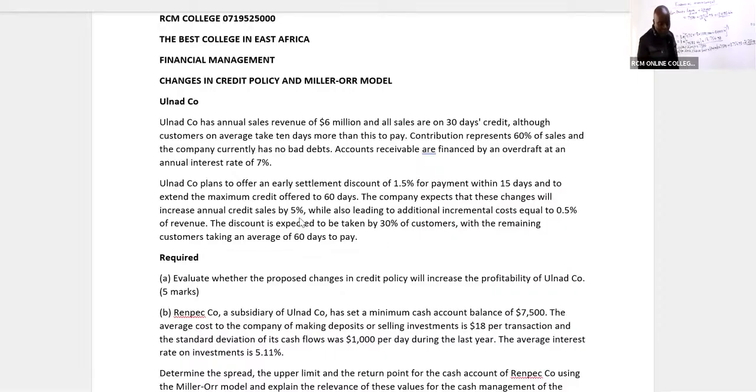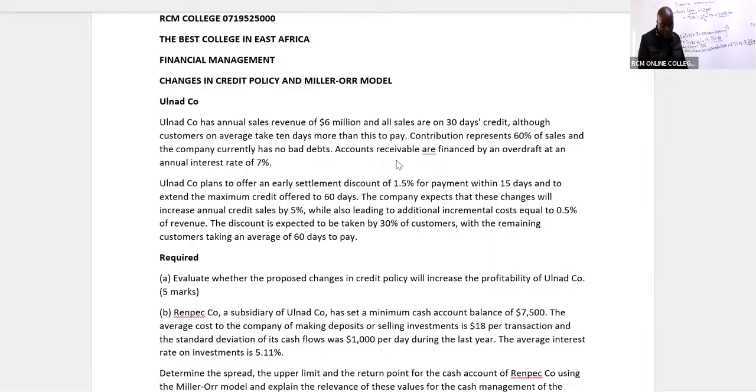I'm told here ULNAD company has annual sales revenue of 6 million and all sales are on 30 days credit, although customers on average take 10 days more than this to pay. Contribution represents 60% of sales, and the company currently has no bad debts.